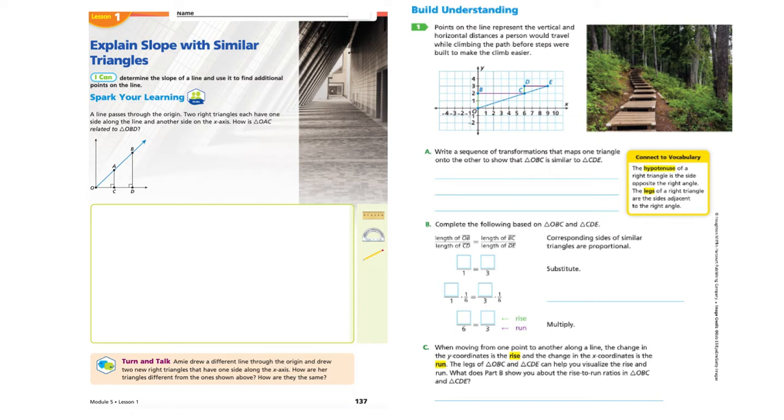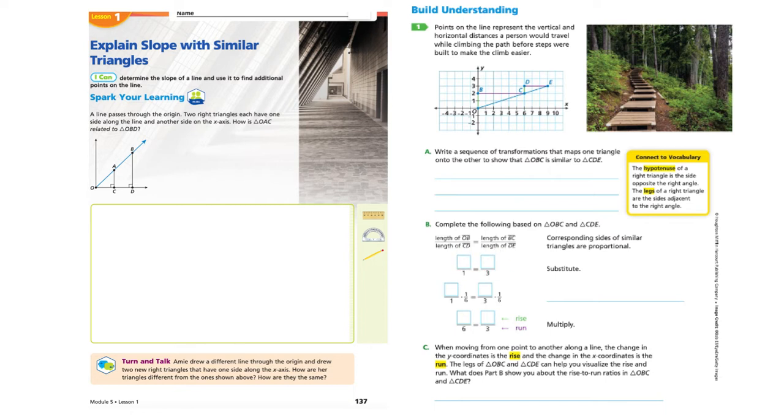So let's look at B. Complete the following based on triangle OBC and triangle CDE. So they give you some things. Length of OB over the length of CD equals the length of BC over the length of DE. So what they want you to do here is fill in the box.